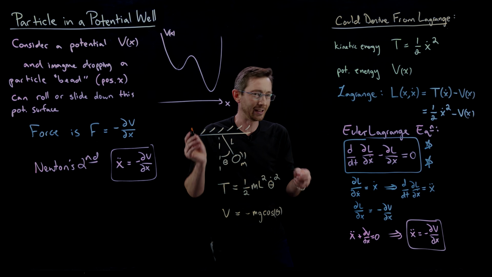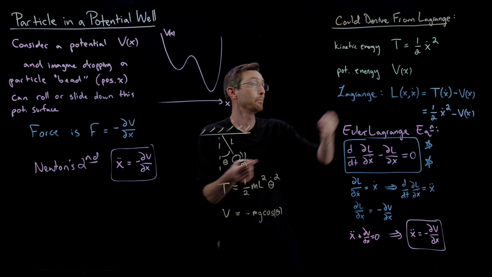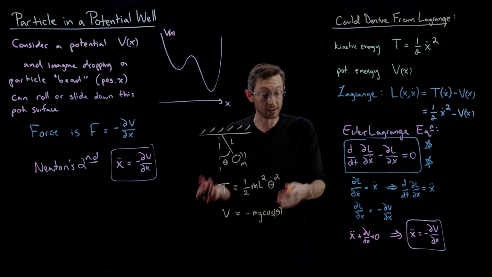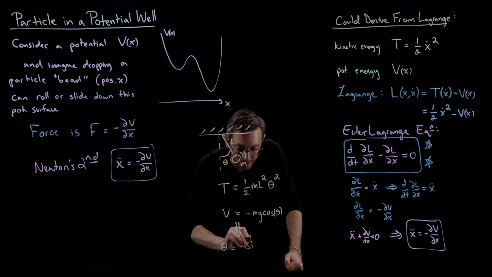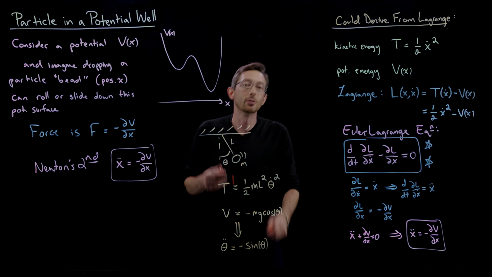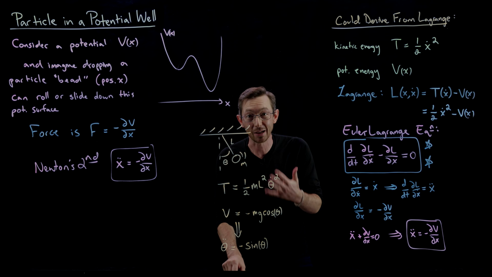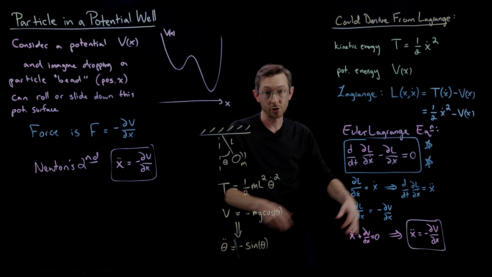Maybe there's a minus sign here, I forget. But I could write down the potential and the kinetic energy for this system, plug them into the Euler-Lagrange equation, and I will get the equations of motion. Theta double dot equals minus sine theta, right? You can derive the equations of motion for a double pendulum, for almost any mechanical system and almost any physical system at all using these Euler-Lagrange equations.